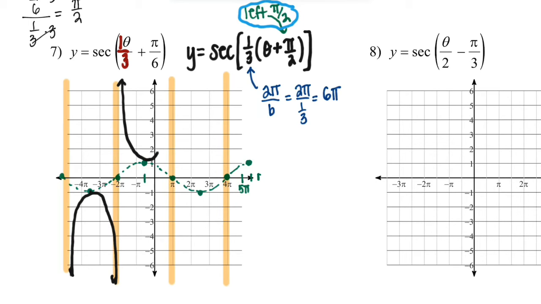And at all of the maximums, we have the U's that are opening up. And we should be careful not to cross over the vertical asymptote. And that's about all that we can graph there for that graph.